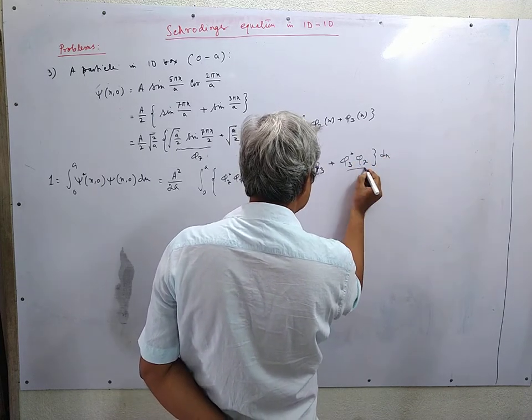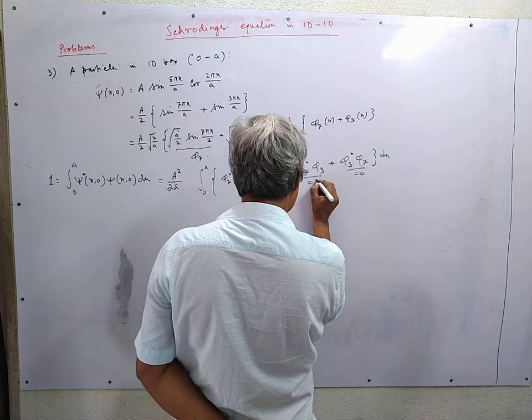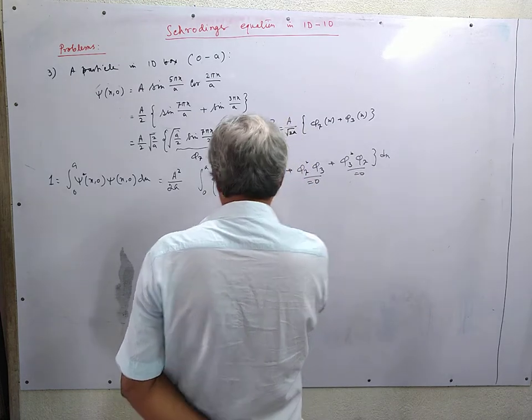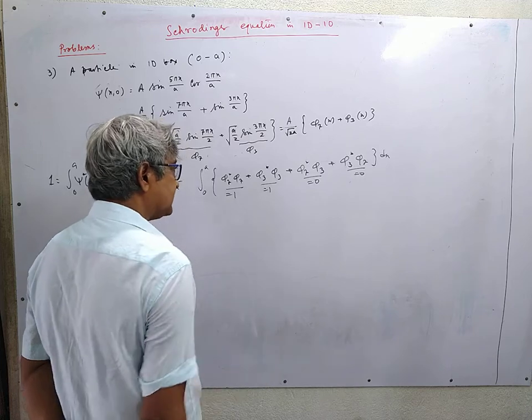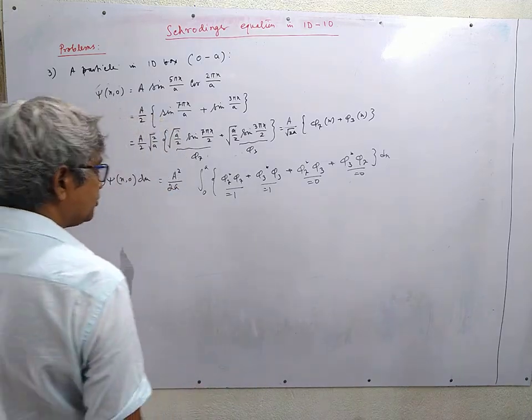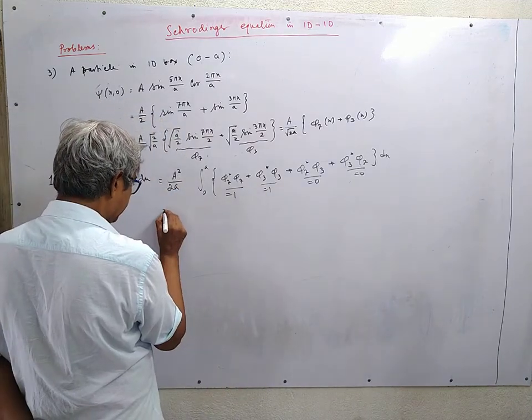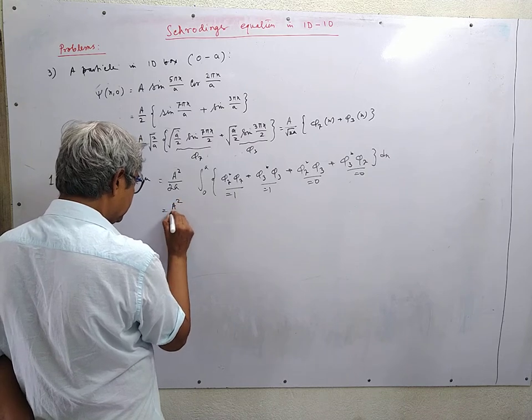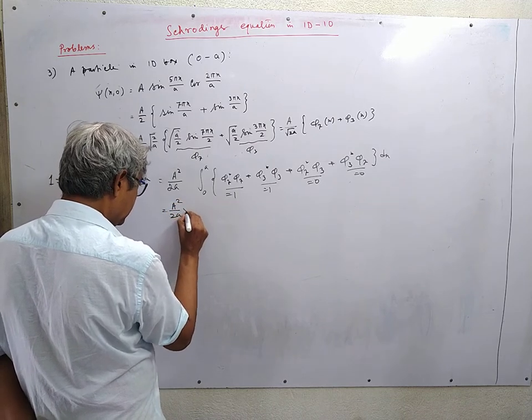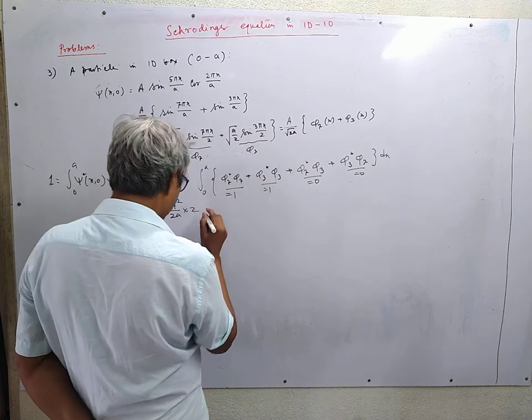On integration, this is equal to 0, this is equal to 0, this is equal to 1, and this is equal to 1, as the states are orthonormal. So we will have only 2. One from here, one from there.